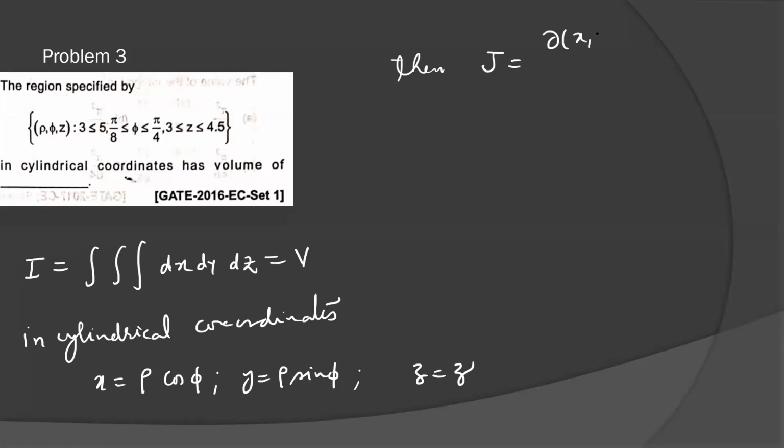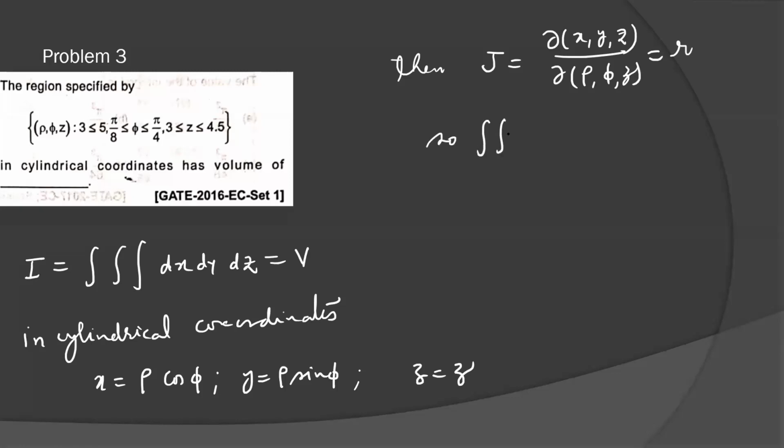If you put x equal to rho cos phi, y equal to rho sin phi, z equal to z, then if you find the Jacobian of x, y, z with respect to rho, phi, z, you will get this is equal to rho only.